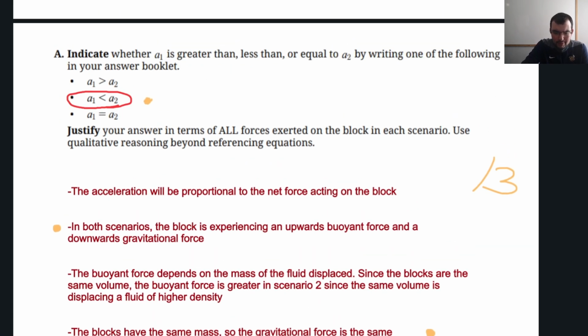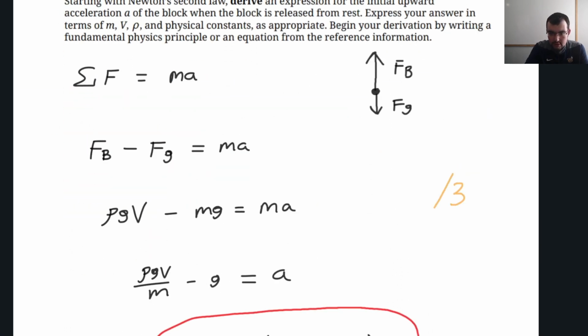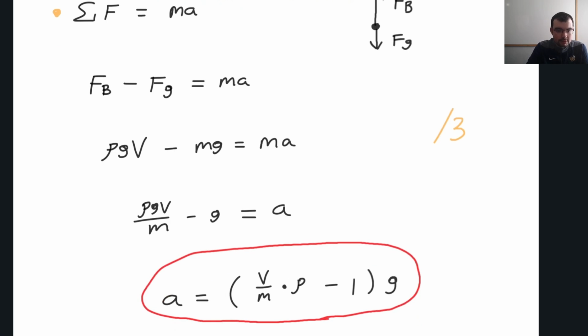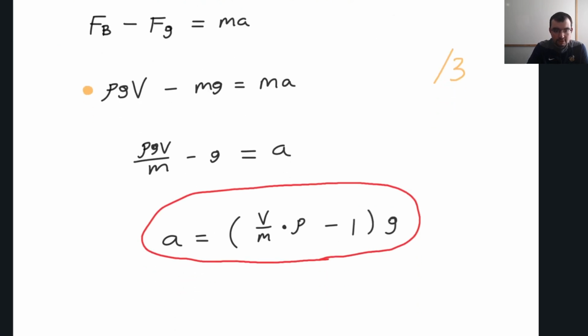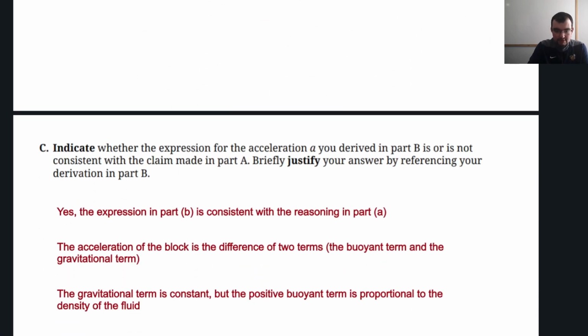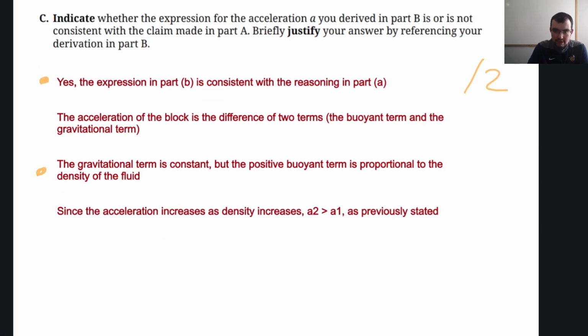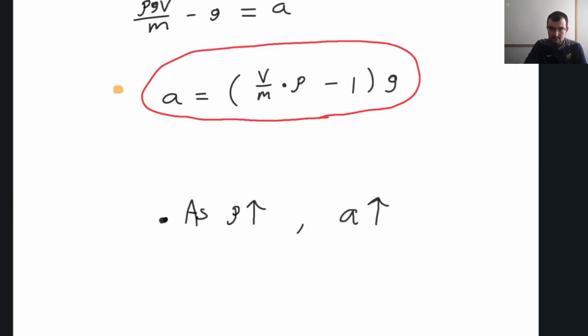So again, you can usually get these justification points without getting the problem right in the checkbox. Then for your 3-point derivation: a multi-step derivation using Newton's second law, a valid expression for buoyant force and gravitational force, and a correct answer. And then for our last 2 points, 1 point for a valid consistency argument, whether it is or isn't, and then a valid justification. So that gets you your 8 for your QQT.